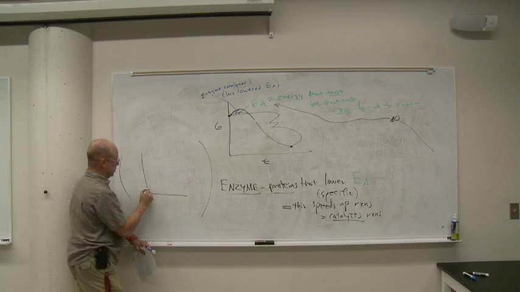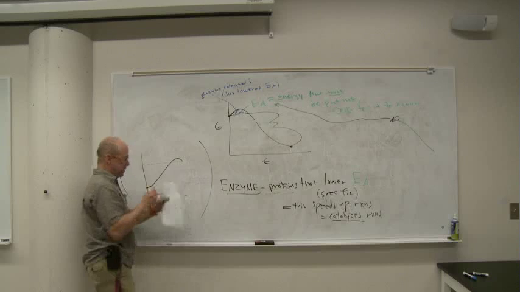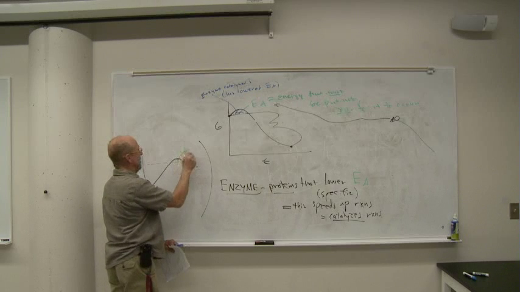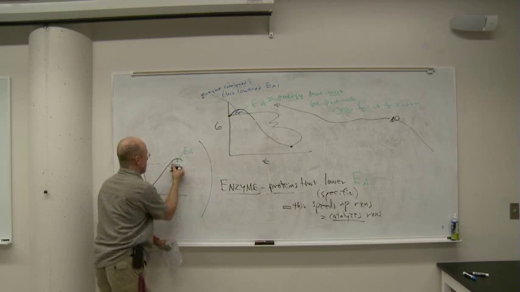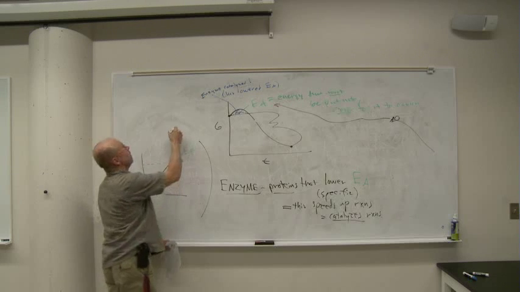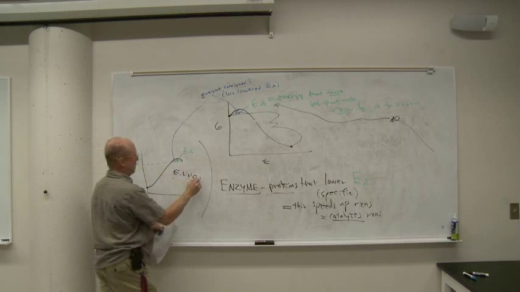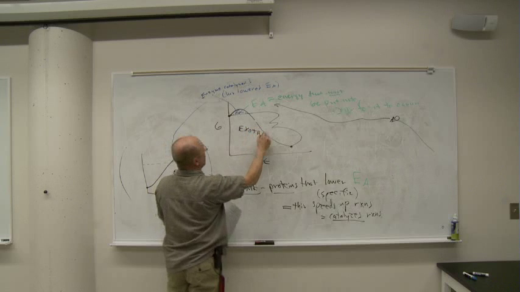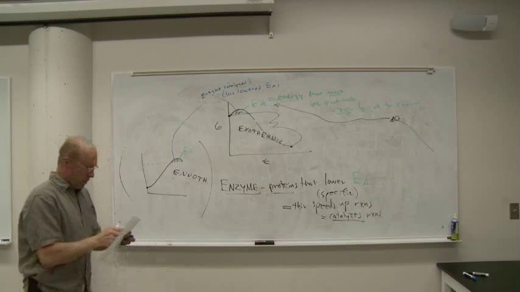Here's an endothermic reaction, and endothermic reactions themselves can have EAs. So that could be the EA, and the enzyme can lower that as well. So there's the enzyme catalyzed for an endothermic. So there we got it.